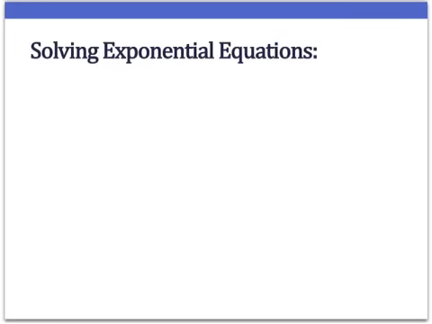Alright, solving exponential equations is 3 steps. Now an exponential equation means that your variable is in the exponent, so we're going to have to figure out how to get that exponent out. Well, we are going to begin by rewriting your equation with the same base on both sides.